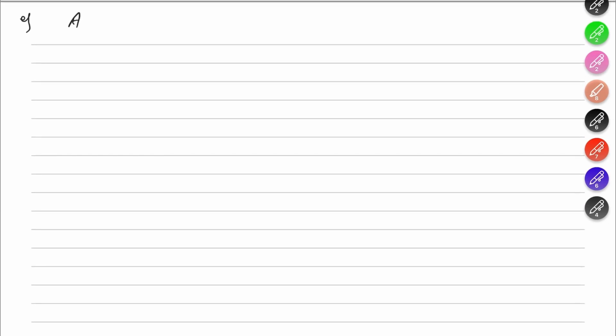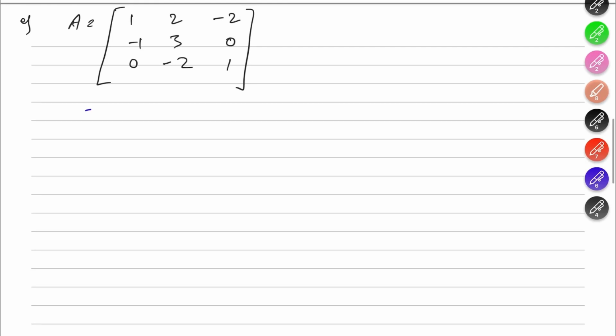For practice, let's take the matrix like this: 1 2 minus 2, minus 1 3 0, 0 minus 2 1. For finding the adjoint, what I will do: 3 minus 2 2 3. Understand the way I am writing?